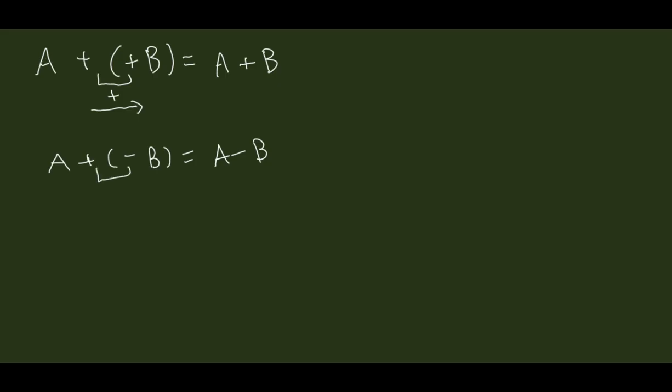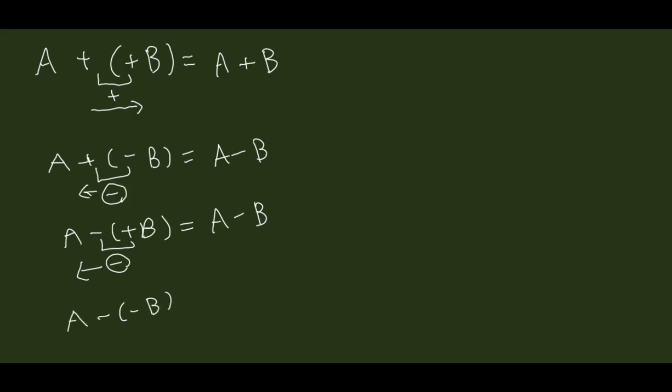These two become minus, moving to the left. A minus plus b is also a minus b. These two become minus, and then you move to the left. And finally, a minus minus b is a plus b. These two together change to plus, so you move to the right.